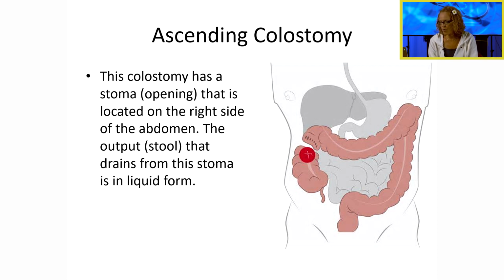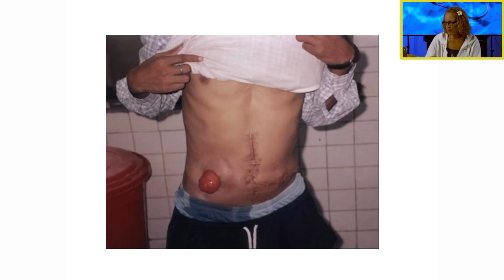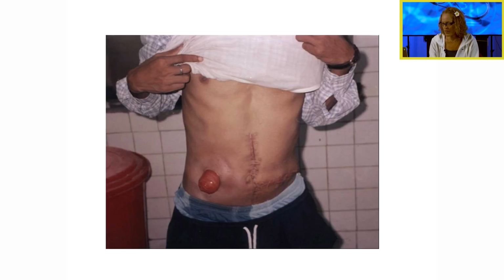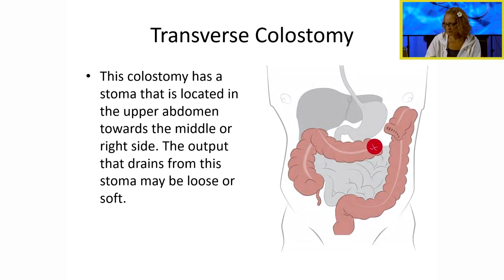And one of the other things that's important to think about is that when you look at where the colostomy is on the patient's abdomen, it will give you an indication of what part of the bowel has been manipulated and pulled out to make the stoma. Here we can see an example of what that ascending colostomy would look like on the outside of the body.